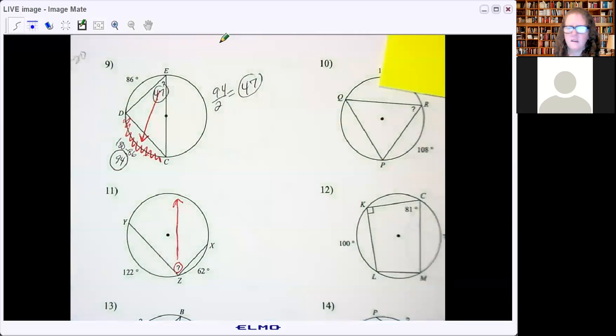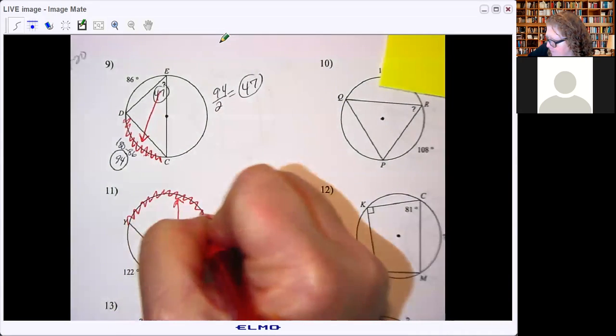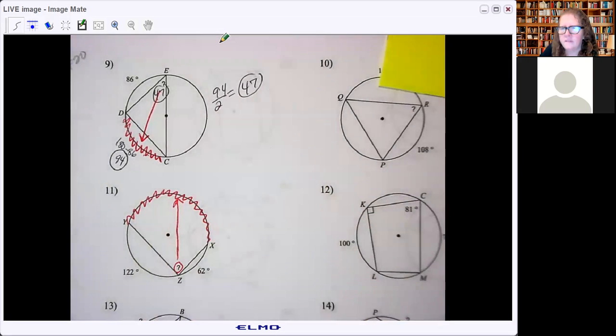And then finding the matching arc on number 11. Some of you got that. And some of you went ahead and found the answer. That's fine. Nice.